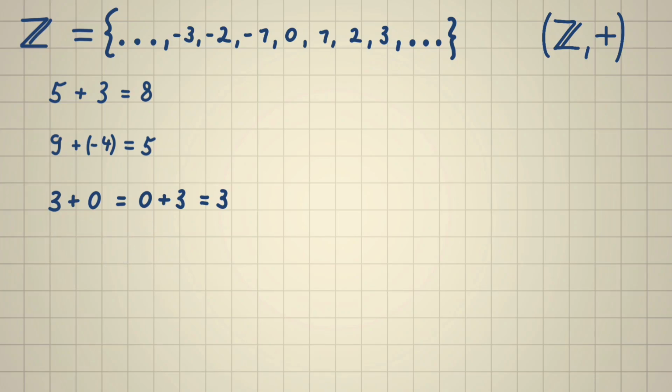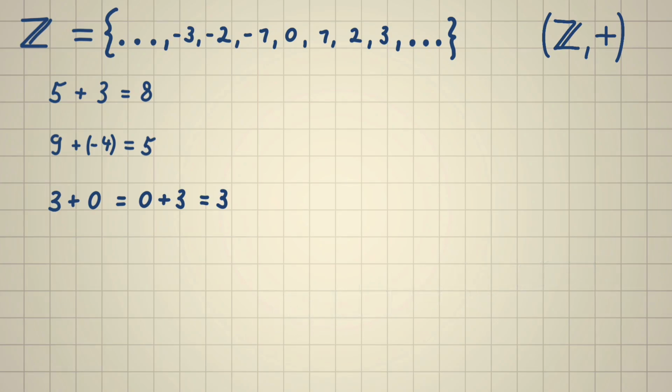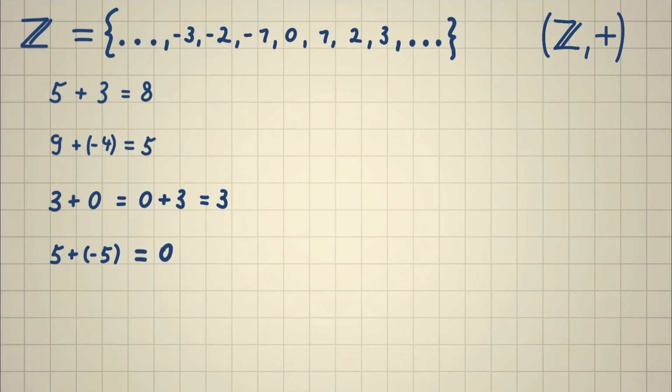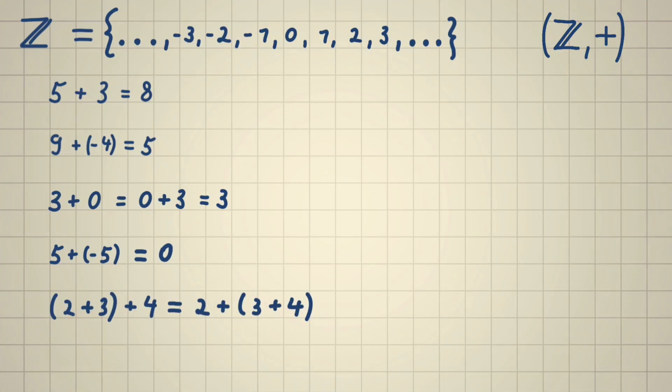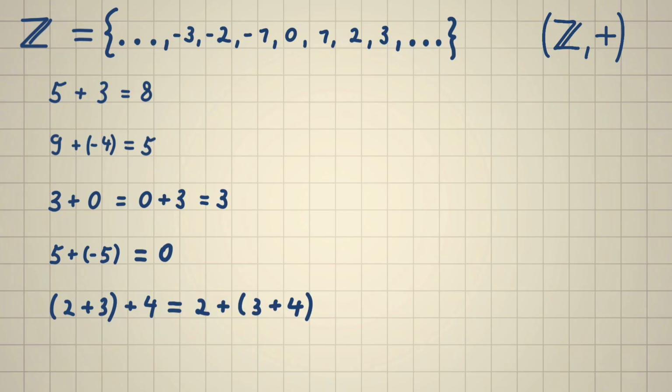Furthermore, for every number there is an inverse, or more precisely, an additive inverse. For example, -5 is the additive inverse of 5, and their sum gives the identity element 0. Associativity is also satisfied, as it doesn't matter where we place the parentheses, the result is always the same. So the integers with the addition operation form a group.